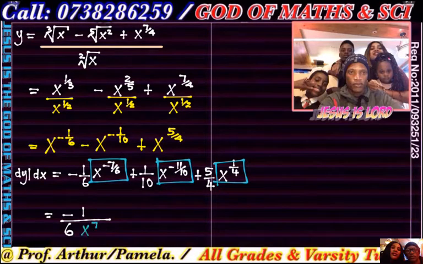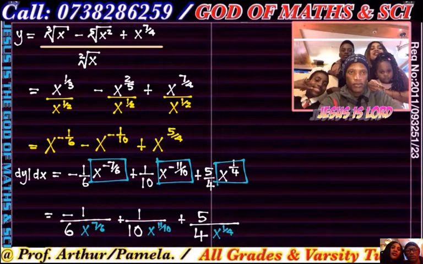Then it becomes 7 over the 6 there. And then we now have plus 1 all over the 10. And that one becomes x to the 11 over the 10. And then plus 5 all over the 4. And then this becomes x to the 1 over the 4.